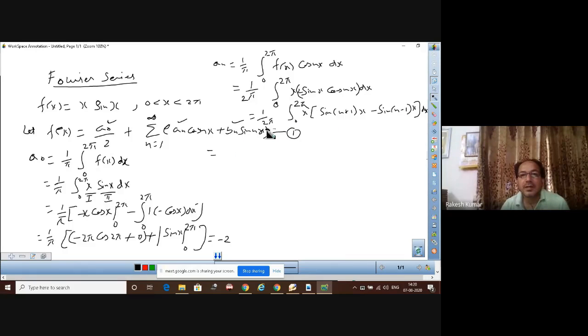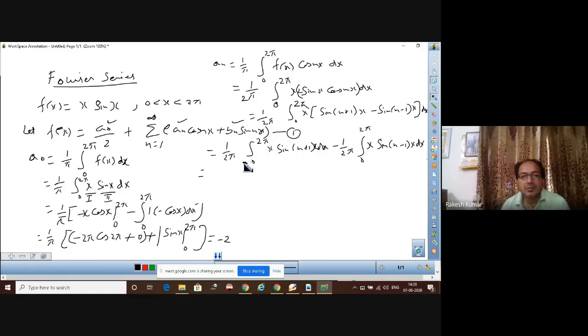Now you can integrate. First of all, you can make separate integrals so that you can integrate it: 1 upon 2 pi integral from 0 to 2 pi of x sine of n plus 1 x dx, and minus 1 upon 2 pi integral from 0 to 2 pi of x sine of n minus 1 x dx.